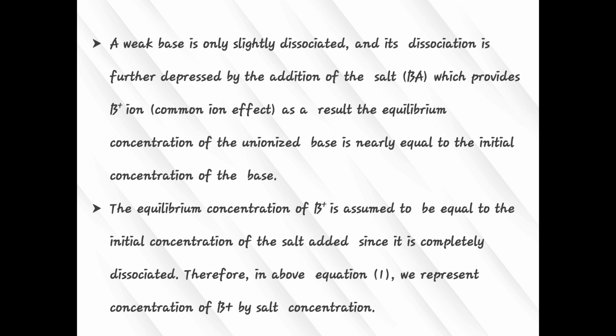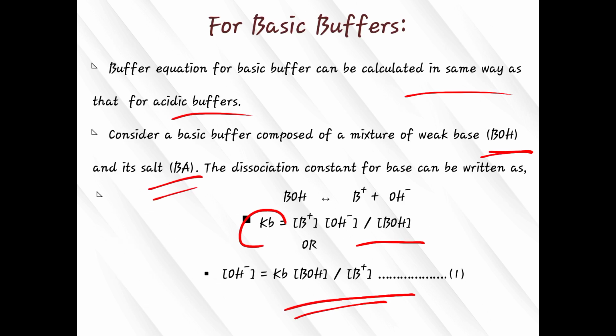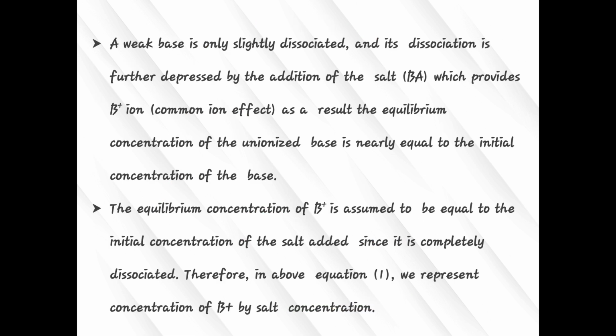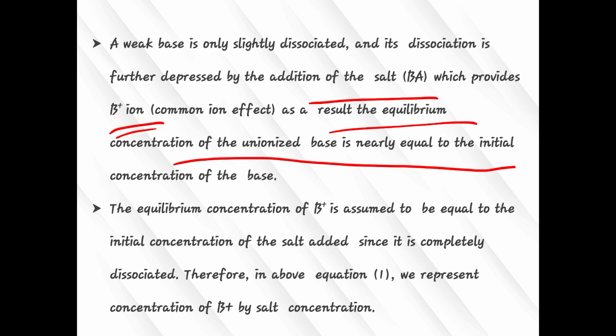It's the same as the acidic buffer. A weak base is only slightly dissociated, and its dissociation is further suppressed by the addition of salt BA, which provides B+ ions. As a result, the equilibrium concentration of unionized base is nearly equal to the initial concentration of base.